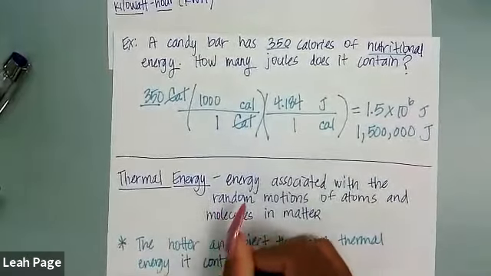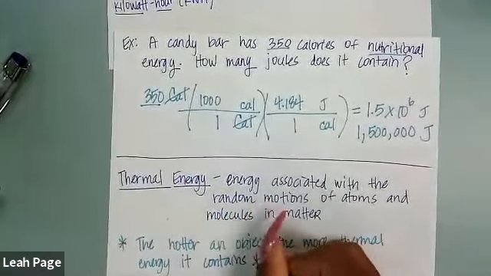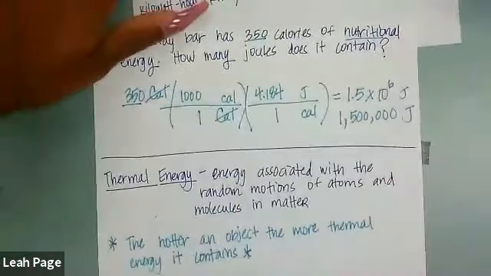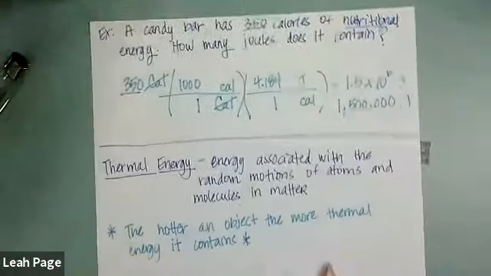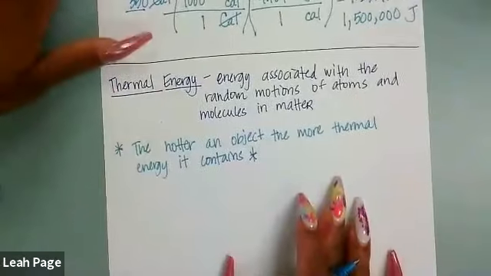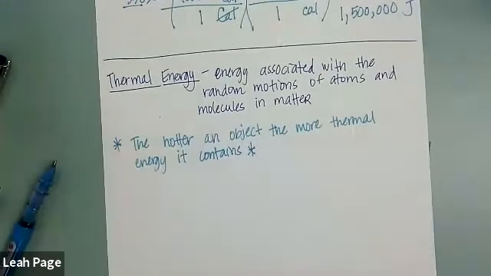This just means that when we're talking about substances and objects, when you raise the temperature, the particles move faster and vibrate a little bit more. The hotter the substance, the more thermal energy it has.